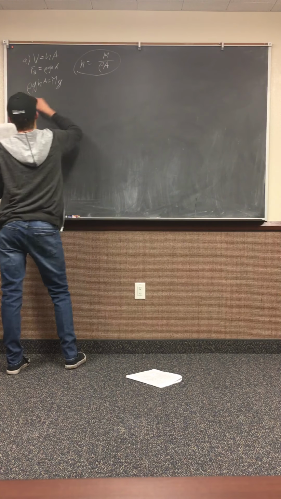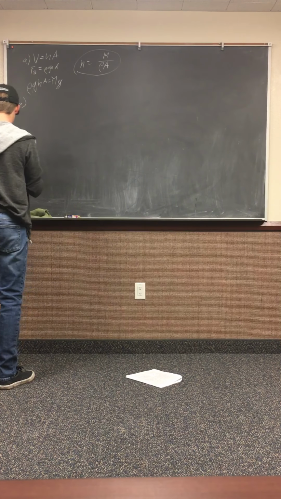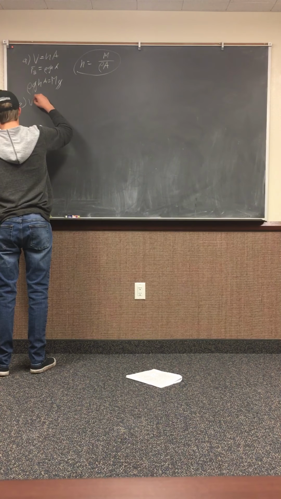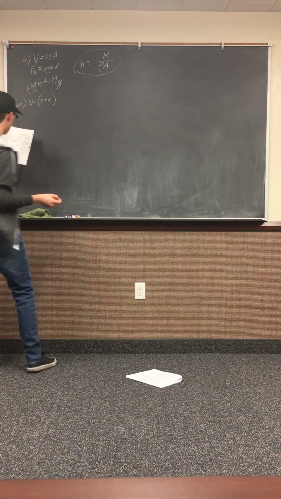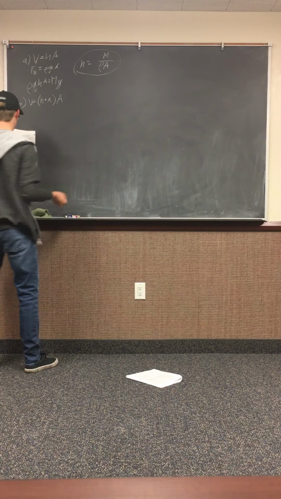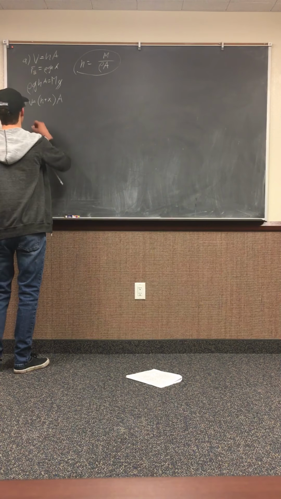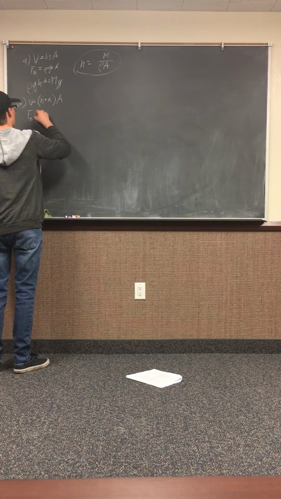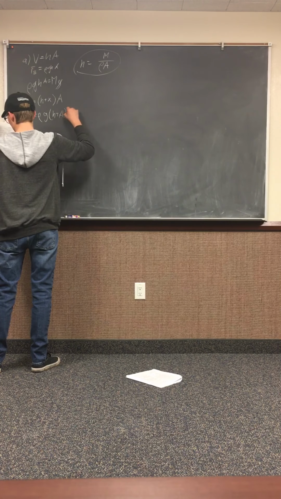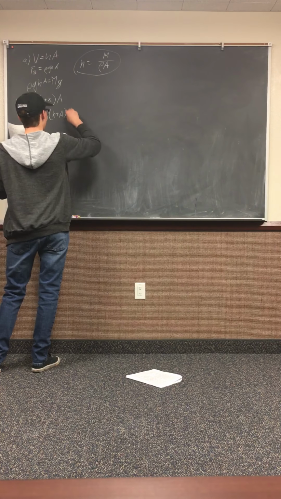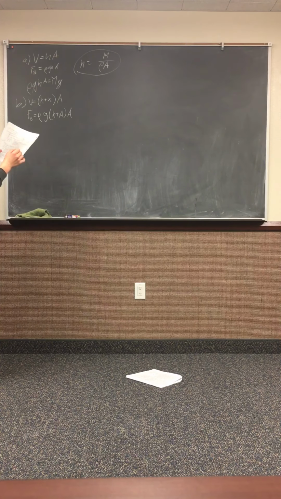So that's A. For B, we can say our volume is equal to h plus x, which is some distance we don't know, times A. So then the force of buoyancy now equals rho g times h plus x times A. So then the net force equals mg plus F, and F_B equals the total force.